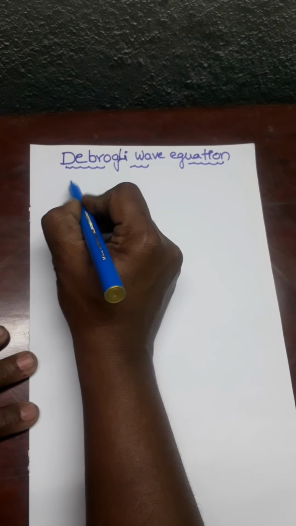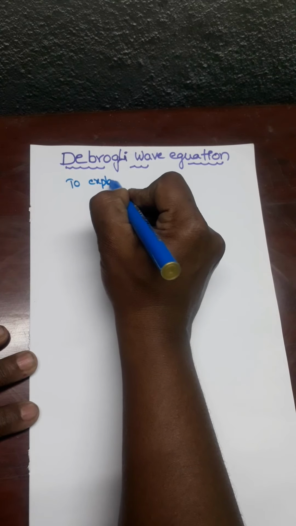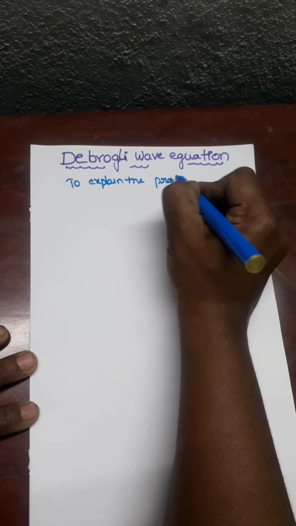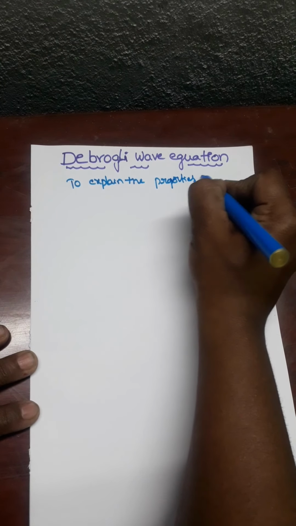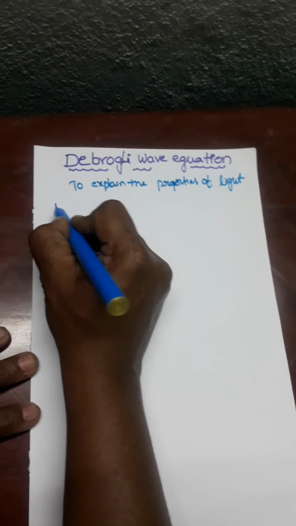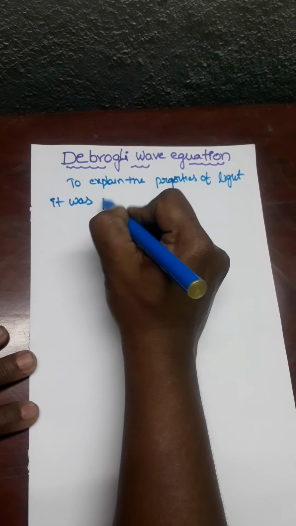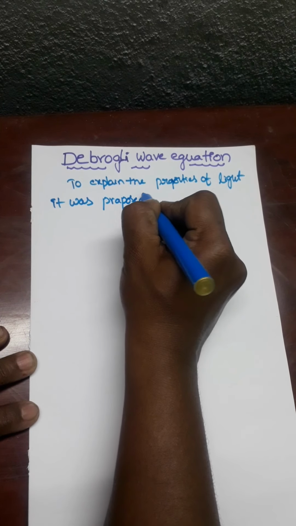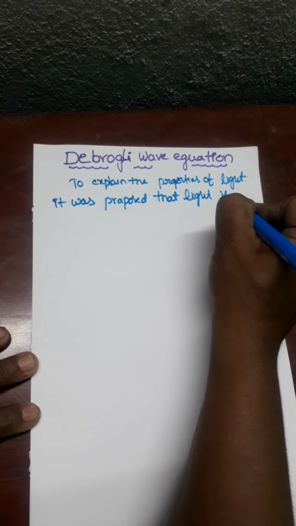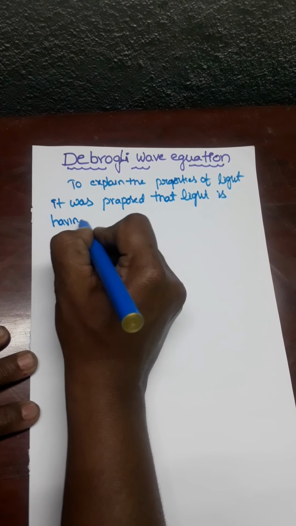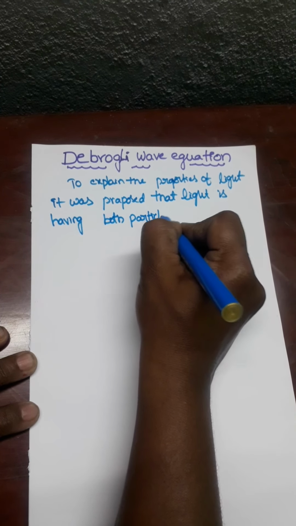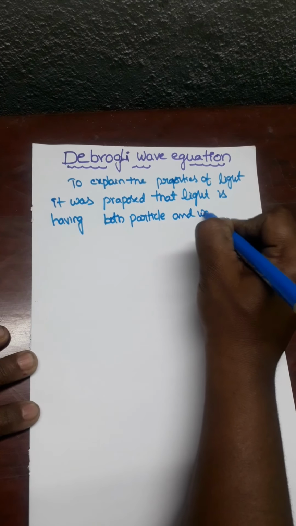Here, to explain the properties of light, it was proposed that light has both particle and wave nature.